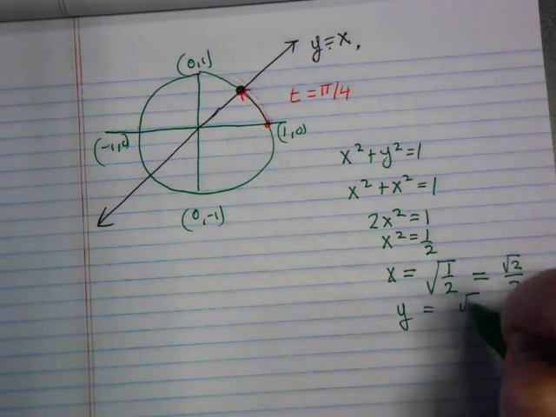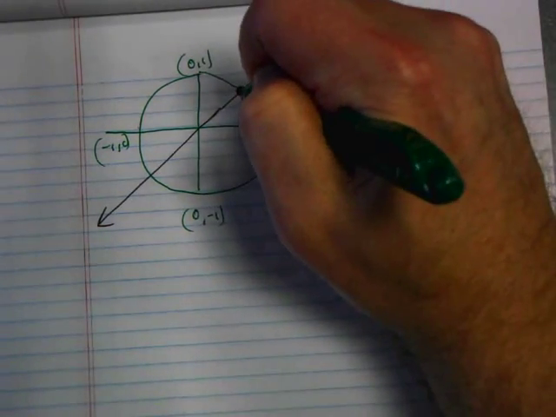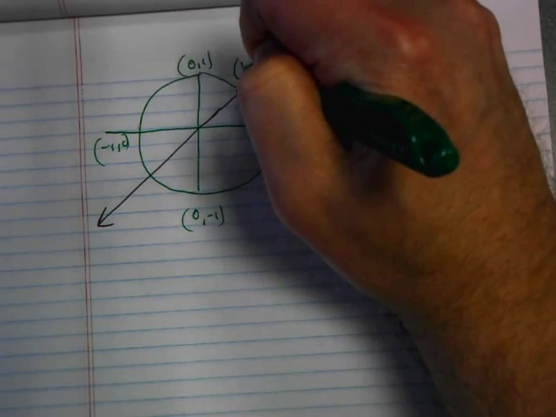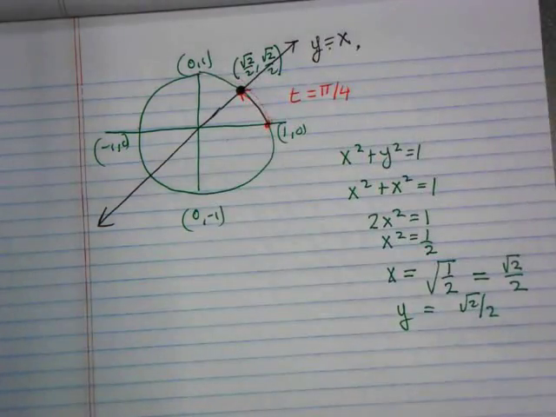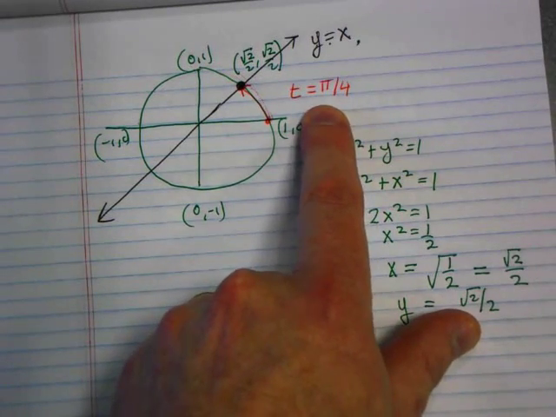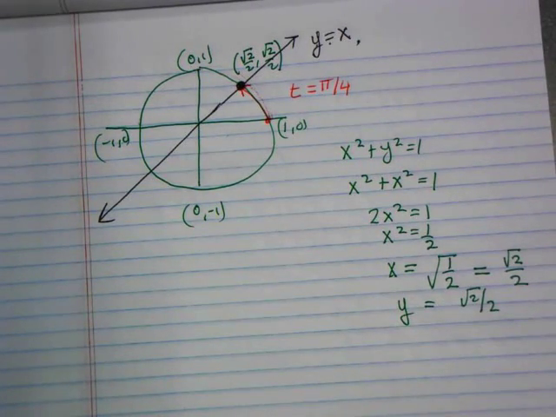So our terminal point right here is (square root of 2 over 2, square root of 2 over 2). That's one of our famous ones. This pi over 4 will come up a lot. So the terminal point at pi over 4 is (square root of 2 over 2, square root of 2 over 2). X and y are equal. Questions on that?